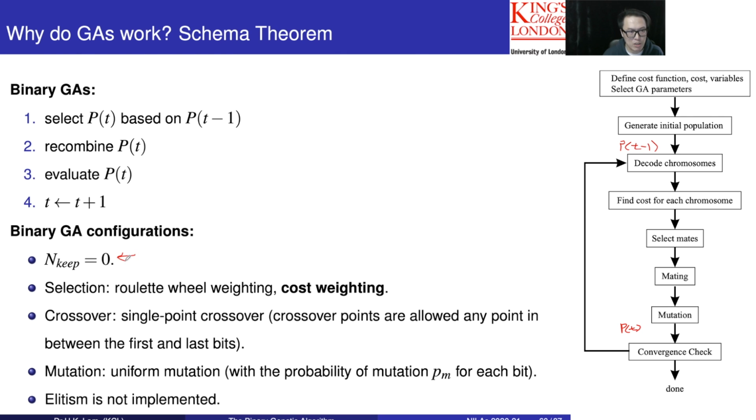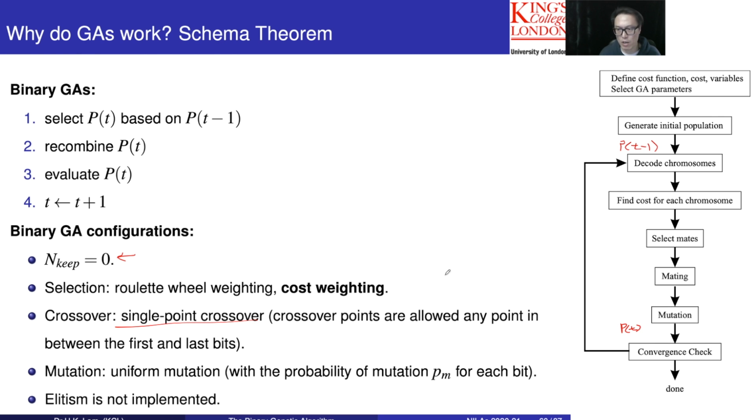When we talk about this schema theorem, we set n cap to be 0. That means we are going to generate the whole population using the parents. The selection process is cost weighting, and for the crossover we use single point crossover, which means we only allow one point to perform the swapping.